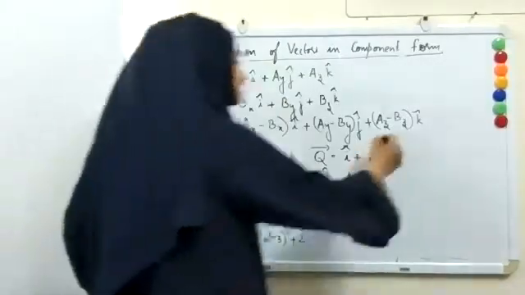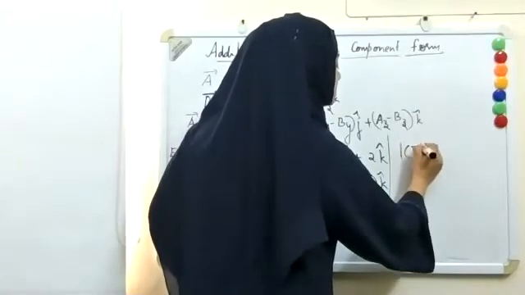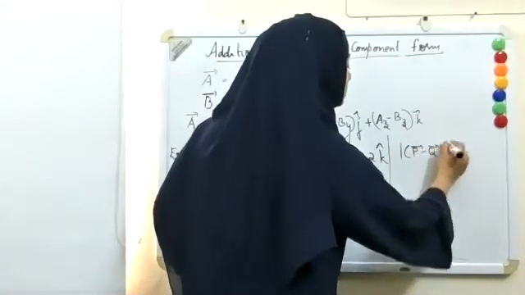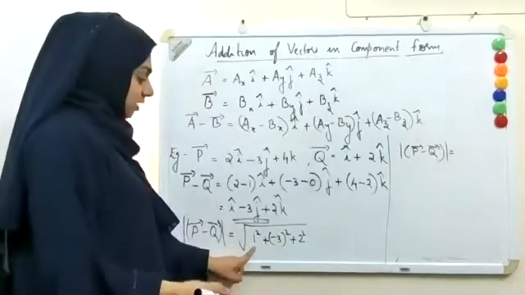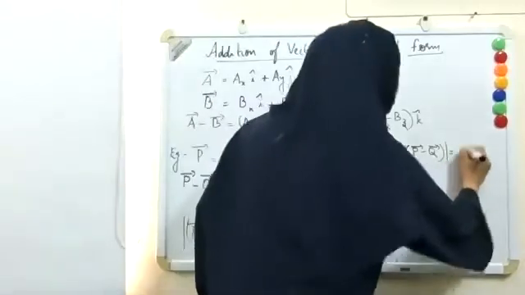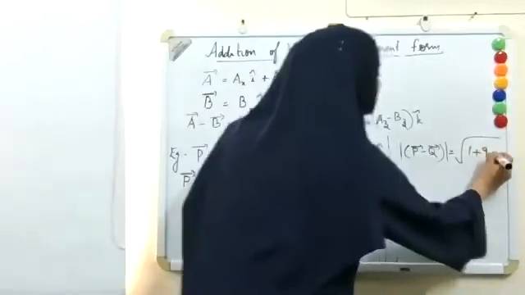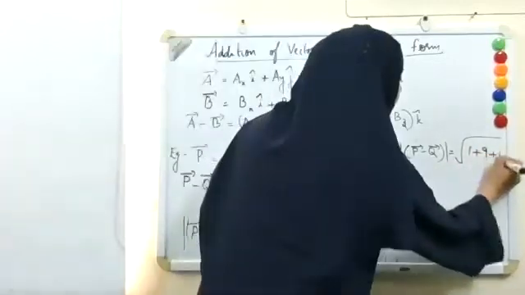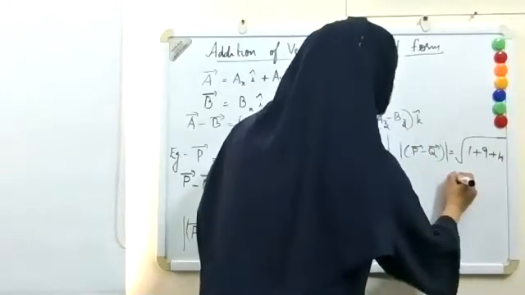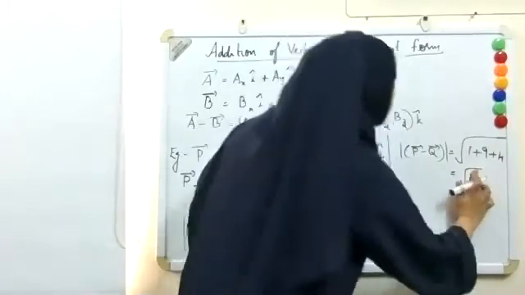So you will get the magnitude of the difference is equal to root over 1 square is 1, 1 plus minus 3 square is 9 plus 2 square is 4. So this is equal to root over 14.